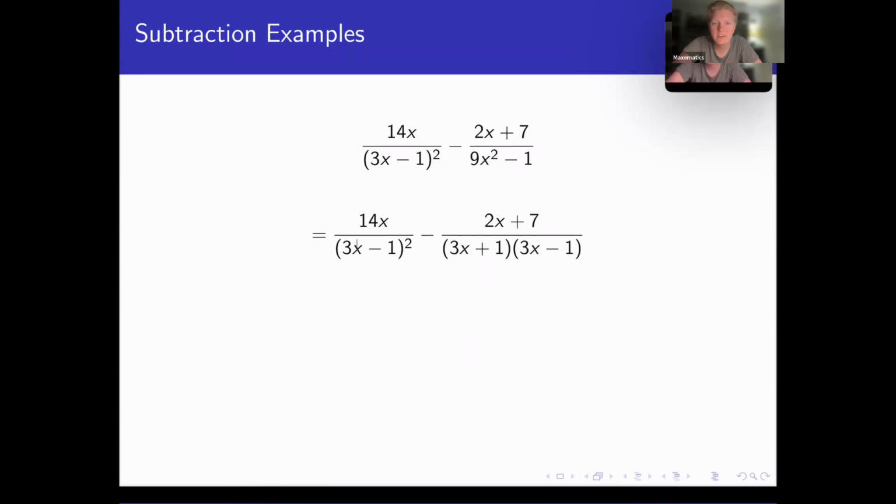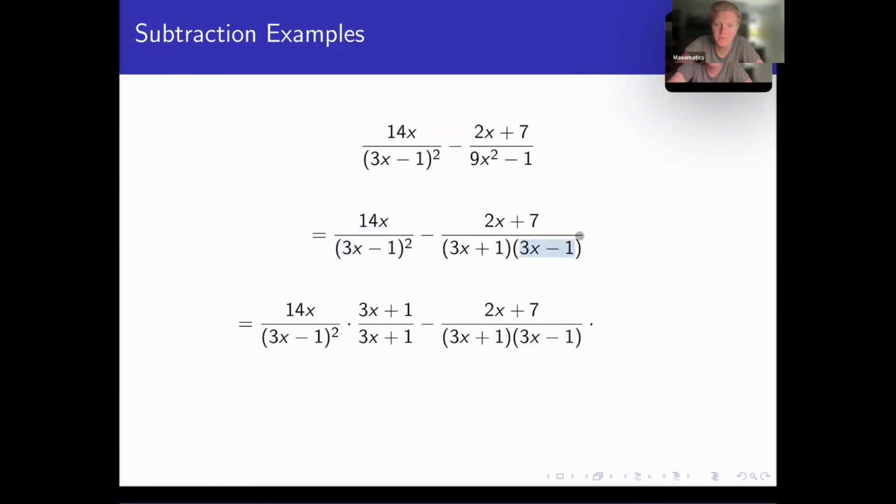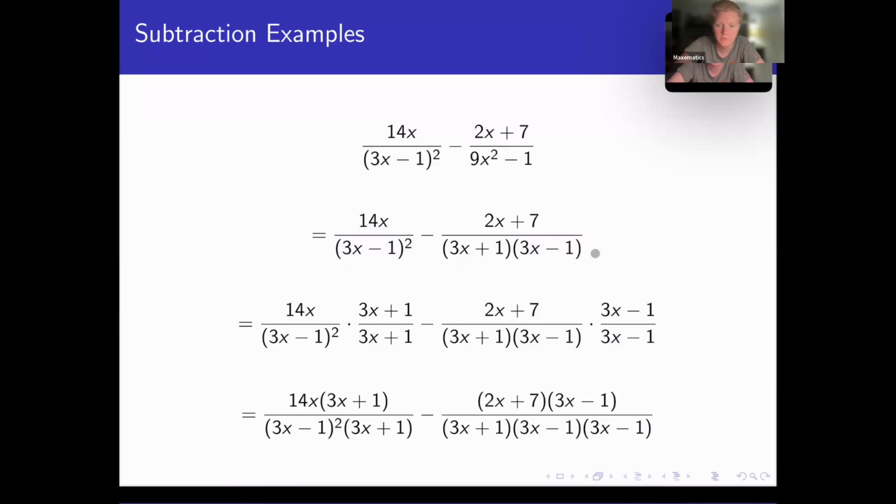This denominator has no 3x plus 1s, so the first denominator needs a 3x plus 1. However, this one already has two 3x minus 1s, and this one only has one of them, so this denominator will need another 3x minus 1.